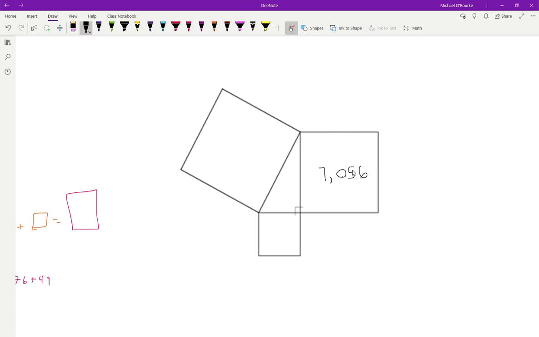And then this one is 7,225. Can you find me this side length, this area, and this side length? We'll call this one C. We'll call this one A. We'll call this one B. What should we call this one? We'll call it B squared.